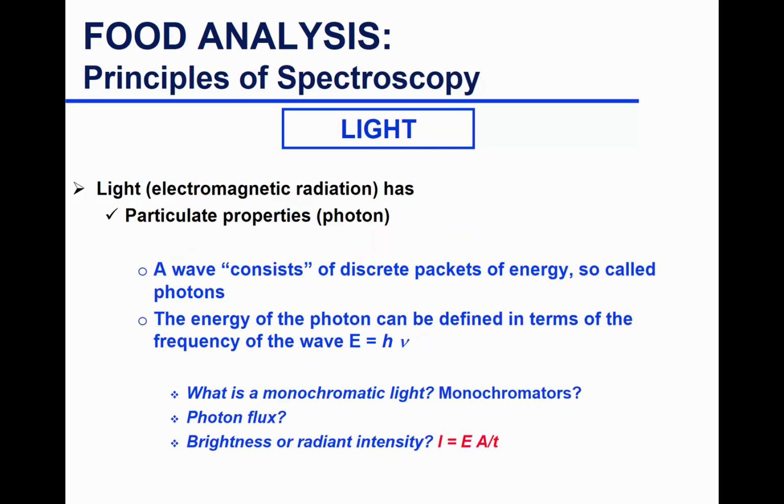Brightness or radiant intensity is the energy that hits a unit area per unit time. And brightness is often adjusted to get optimum absorption or optimum fluorescence, whatever we're measuring, enhancing the sensitivity.